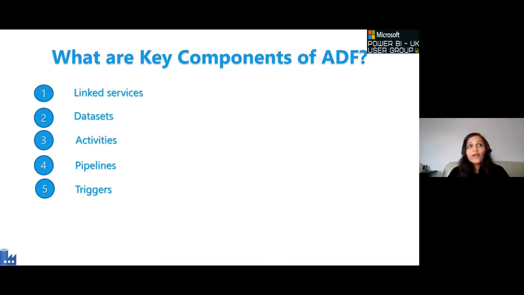And if you have an on-premises data source like SQL Server or an Oracle database, or SFTP, then you can use a self-hosted integration runtime, which you can create in a few button clicks. So these are the key components of Azure Data Factory.